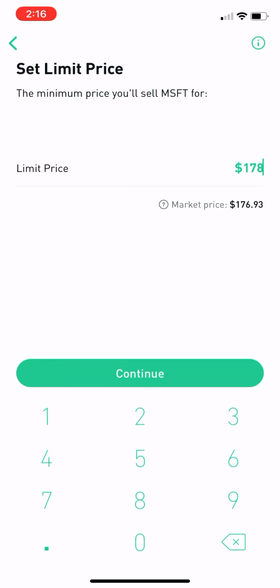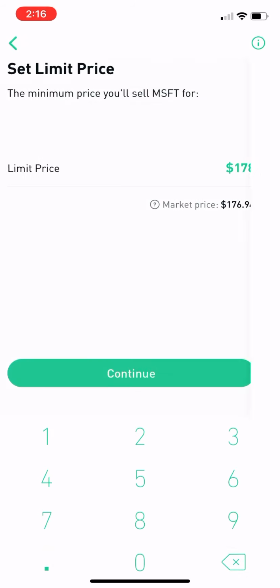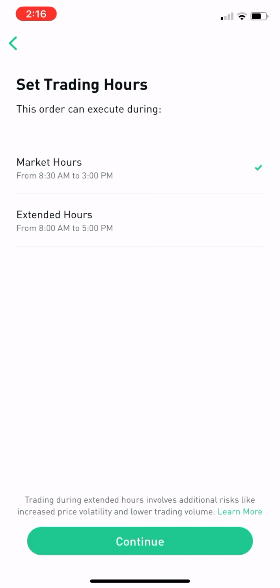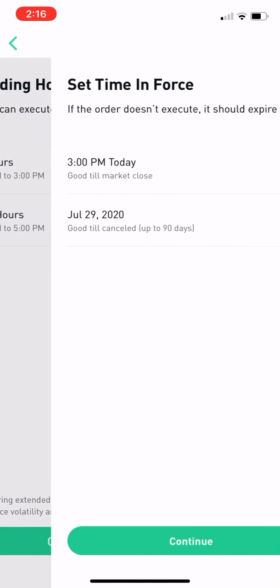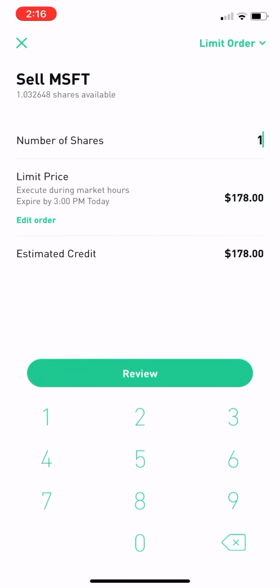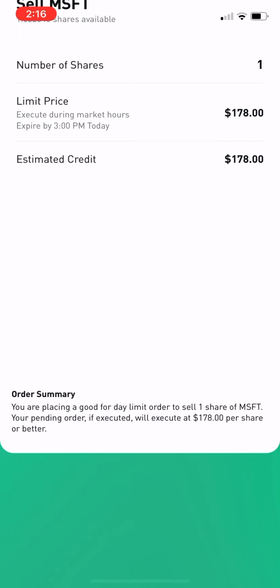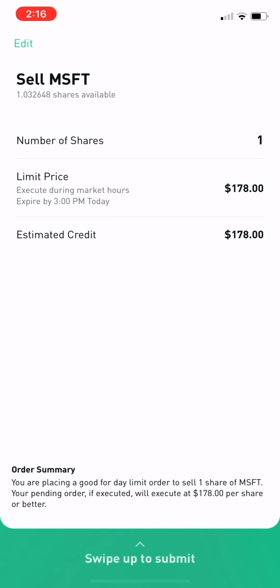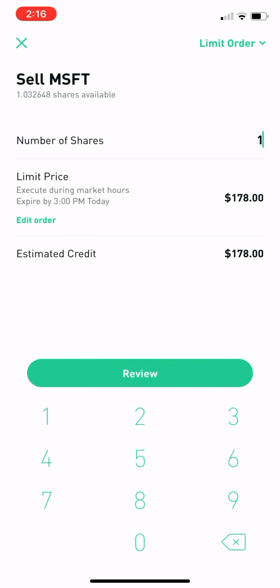So if any time it's below that, you're not going to fulfill my order. So then you'd go and click the trading hours that you want it to fulfill on, the time in force, and boom, you're on your way to selling your first share. You click review and then swipe up like always. So that is basically how you would sell a stock.